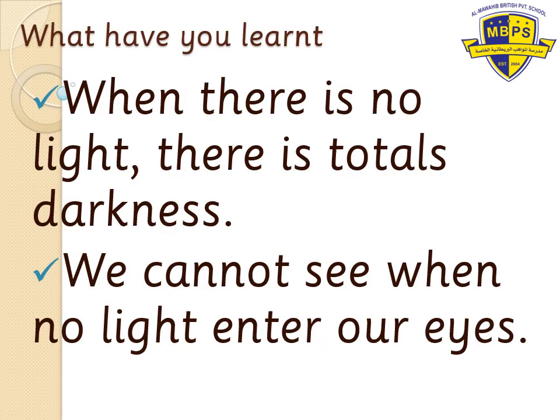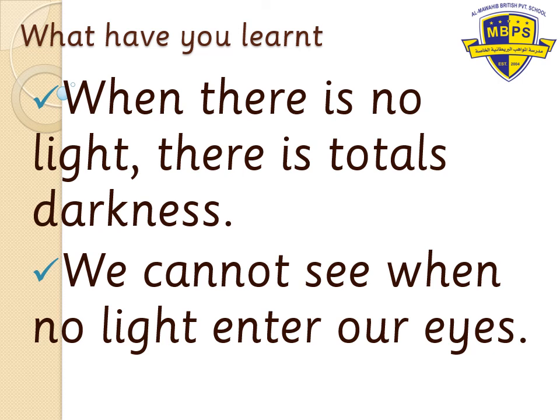We learned about the light and the dark. When there is no light, there is total darkness. Very good. Can you repeat it? Darkness. We cannot see when no light enters our eyes. The same thing as when we are closing our eyes.